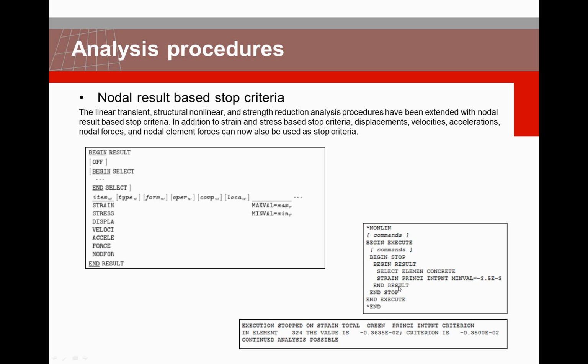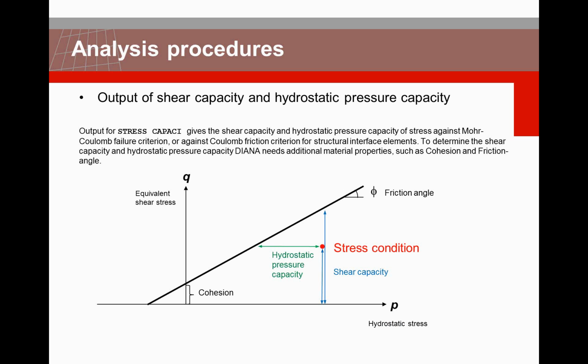The user defines a minimum value or a maximum value of a certain result in any element or node in the model, and the program automatically keeps track of this and continues until this limit value has been reached.